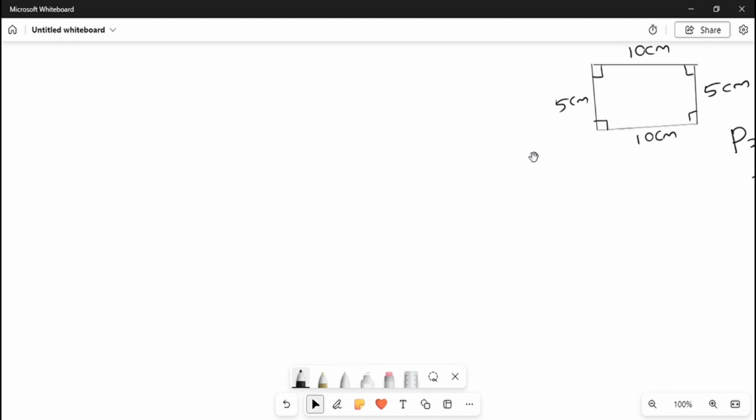Now let's take a triangle with different sizes. Say this is 3.5 centimeter, this is 4.7 centimeter, and this is 5.8 centimeter.